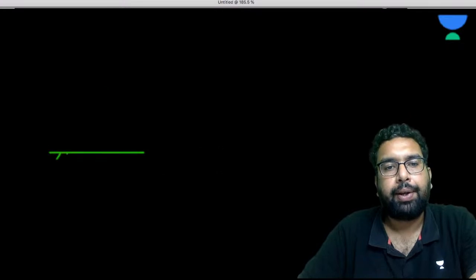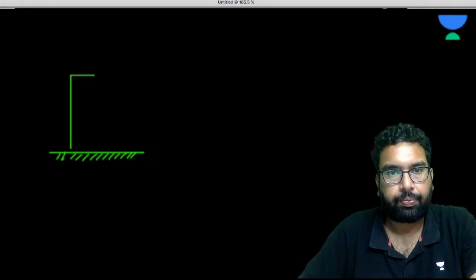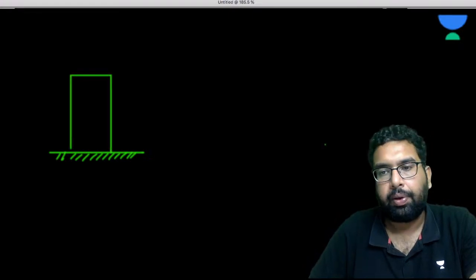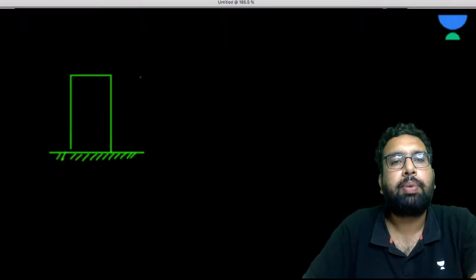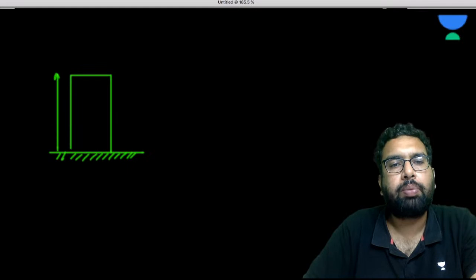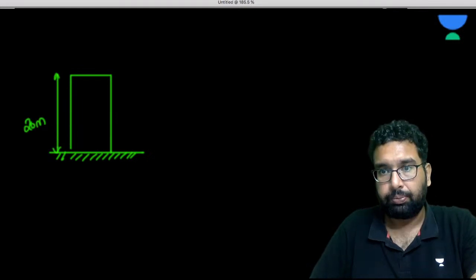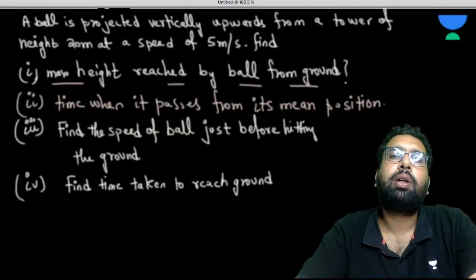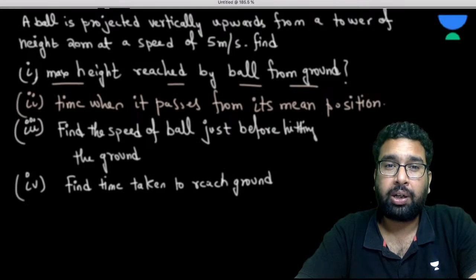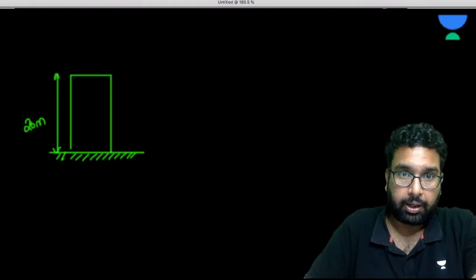So in this case, what is going to happen? Let's try to do that. Please understand this. Let's suppose we have a tower of height 20 meter. In this question, you will be able to understand mostly everything. The ball is projected vertically upwards from the tower at a speed of 5 meter per second.